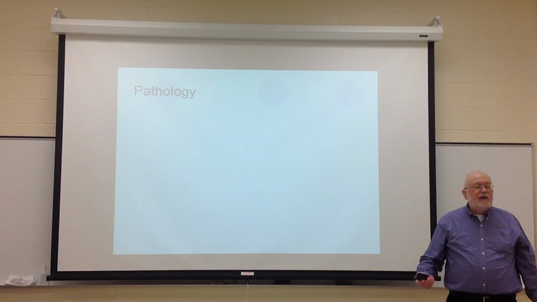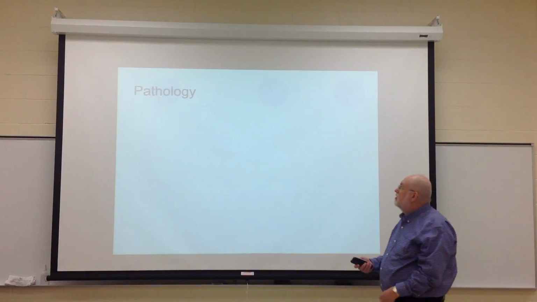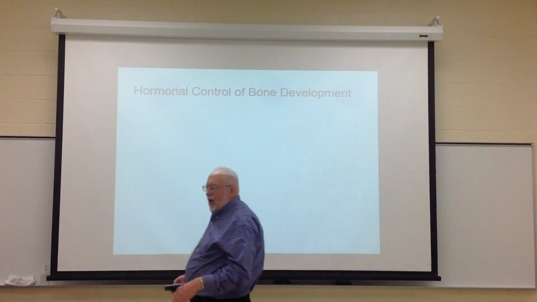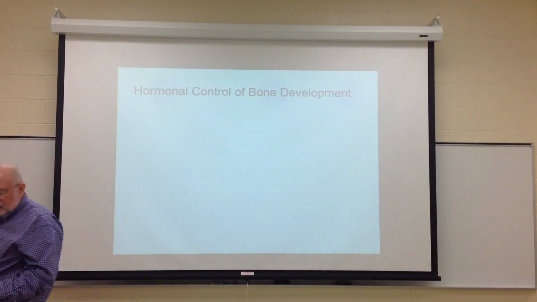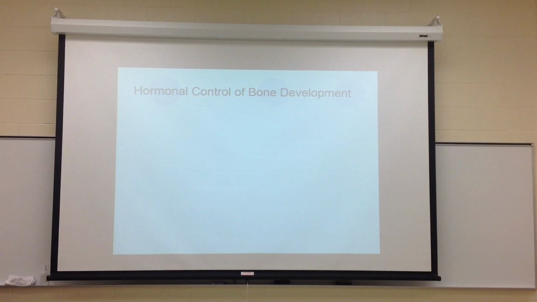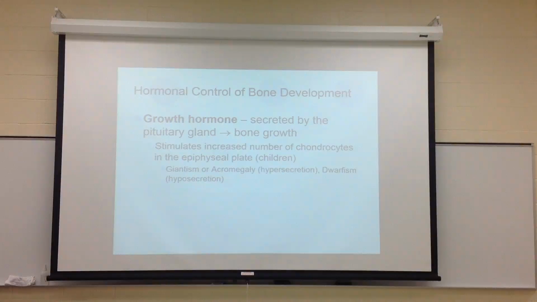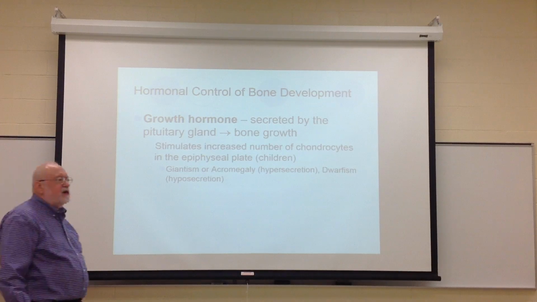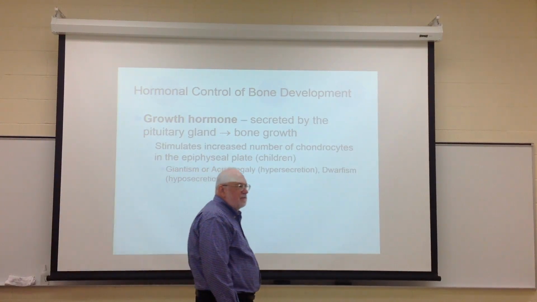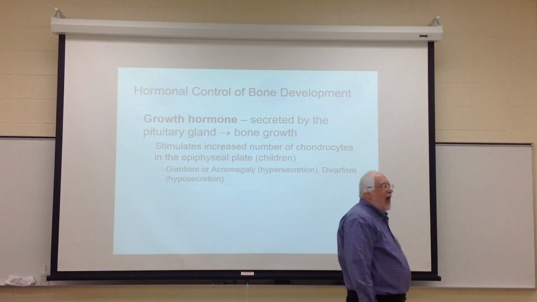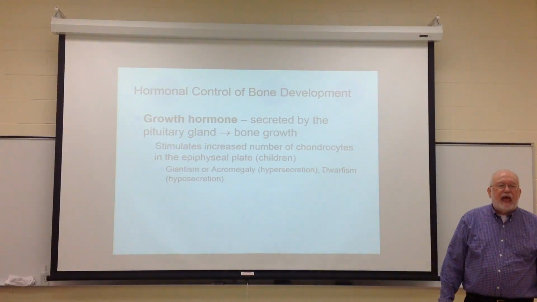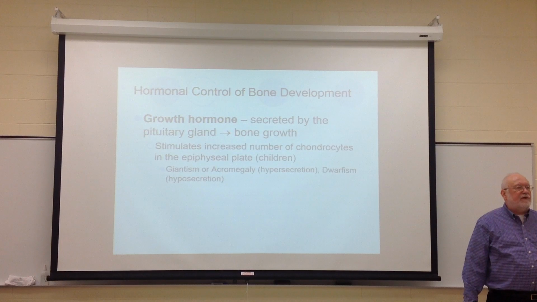Now, some things dealing with bone conditions. All right. Let's chat a little bit about hormonal control of bone growth. All right, first of all, growth hormone. Growth hormone is produced by the anterior pituitary gland. Okay? And it goes out into the blood and circulates, and it targets virtually every cell in the body.